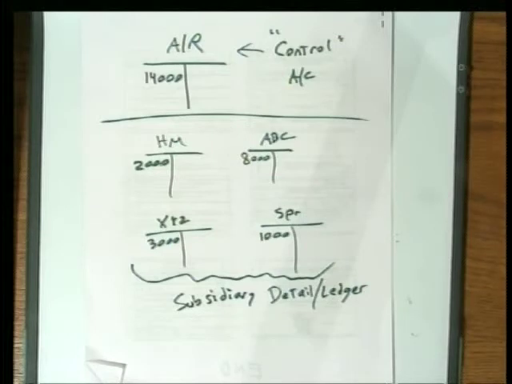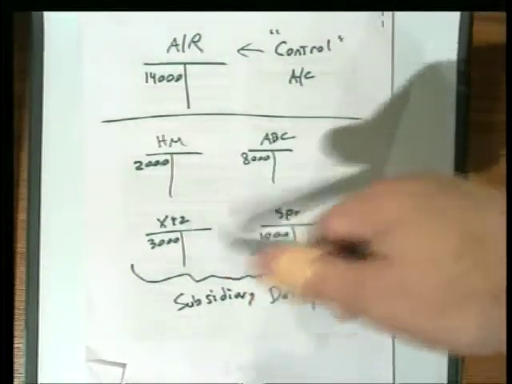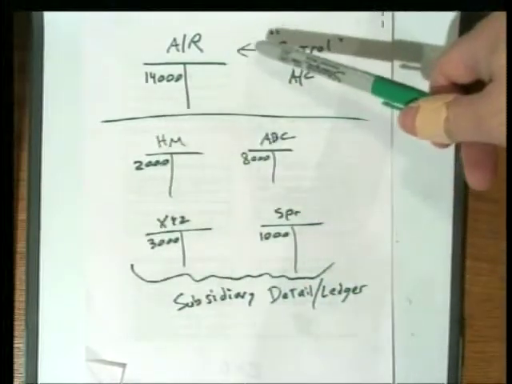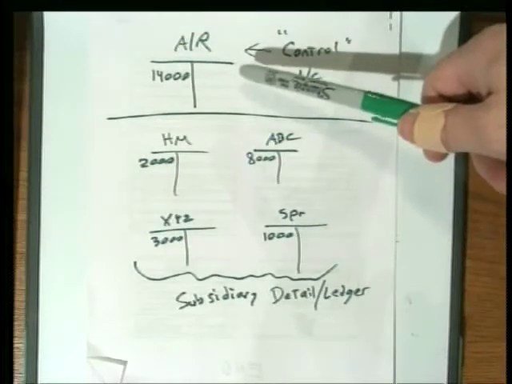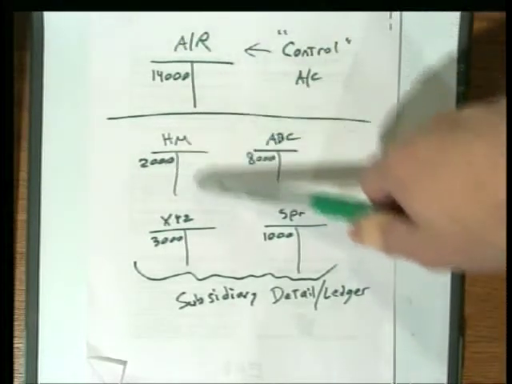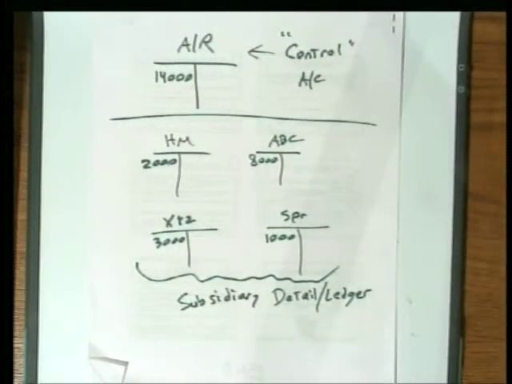Now what we have to do is make sure that the total of our subsidiary detail always equals the control account number. 8 plus 2 is 10, plus 3 plus 1, that's 14. Yes, that equals 14, doesn't it?